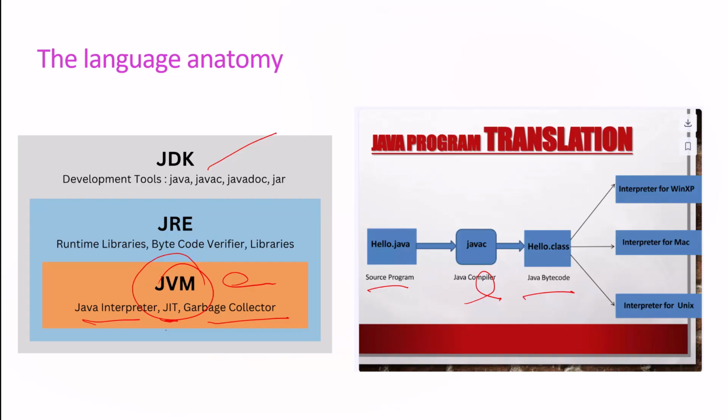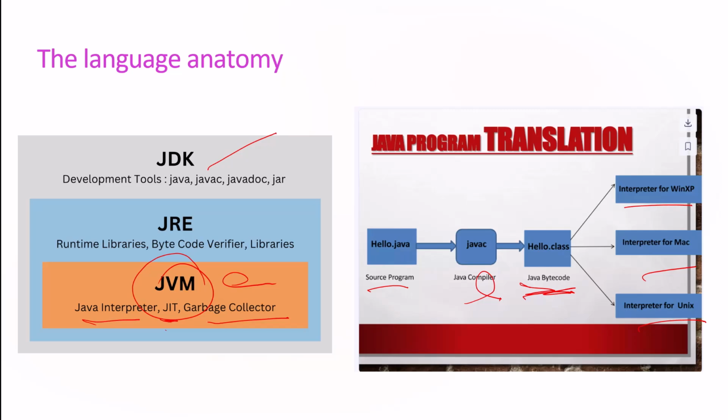So from hello.java to hello.class, and this bytecode is now taken into the JVM, which is able to run on Windows, the Macintosh, and even the Unix operating system. I hope it makes sense. Yes, so that is how the translation process goes on.